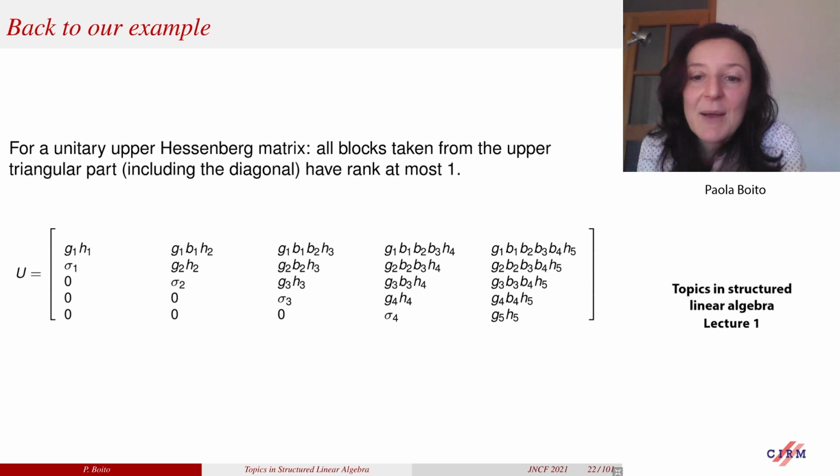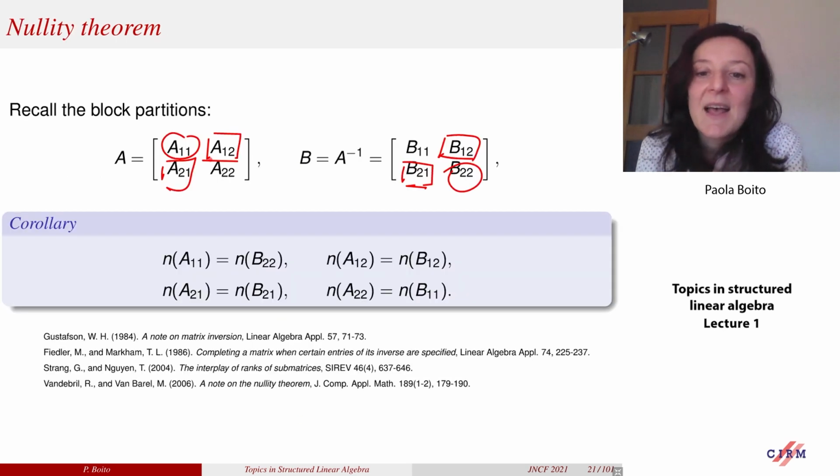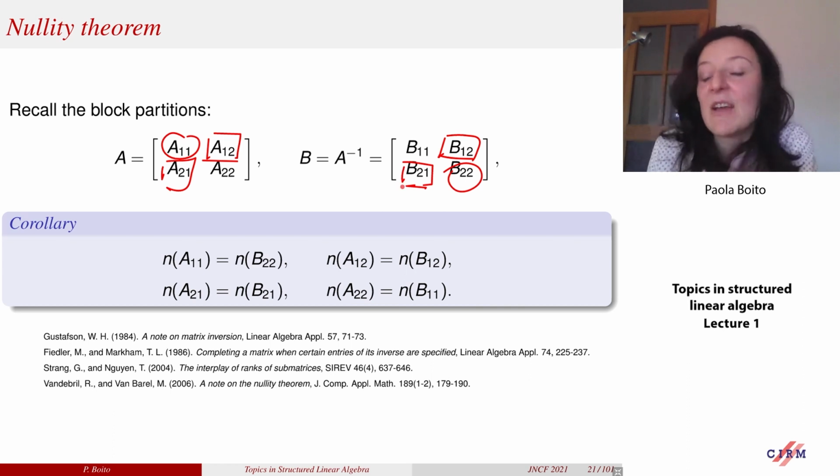Okay, so if we apply this property to our upper Hessenberg matrix, we have 0 blocks here, okay? And this gives us a result on the nullity of blocks in this position in the inverse, but the inverse is the transpose.